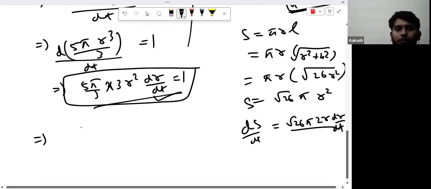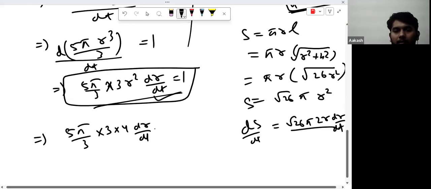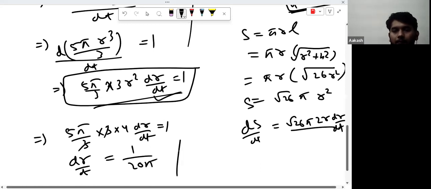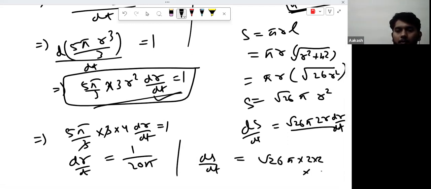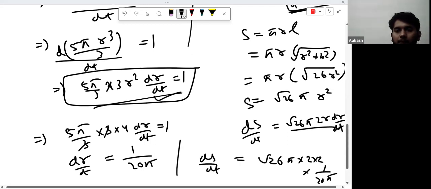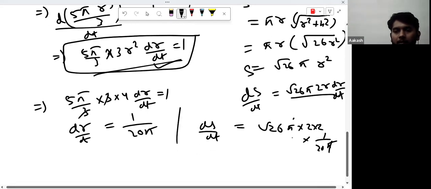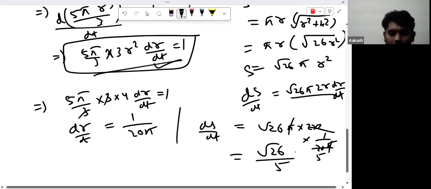So when you put r equals 2, you will get 5 pi by 3 times 3 times 4 dr by dt equals 1. 3 cancels 3, so dr by dt is 1 by 20 pi. So ds by dt equals root 26 pi 2 into 2 into dr by dt, which is 1 by 20 pi. Pi cancels pi, 4 by 20 is 1 by 5, so root 26 by 5 is the answer. Okay.